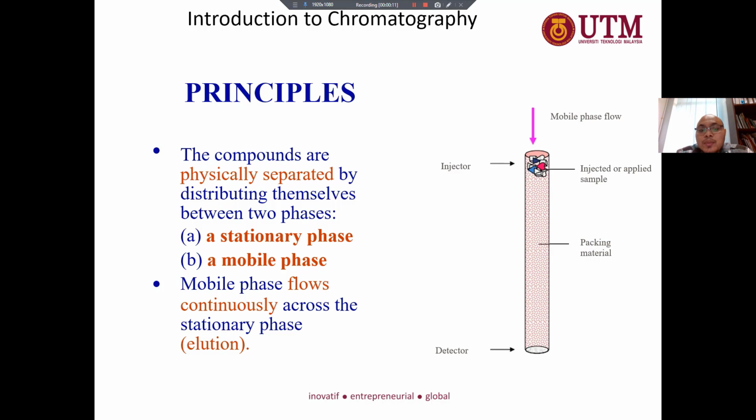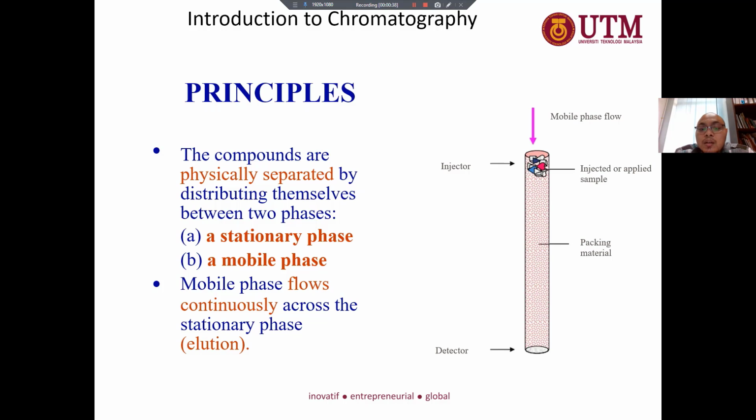How chromatography works. In chromatography, we have two phases contributing to separation of our mixture. The two important phases are a stationary phase and a mobile phase. Stationary phase means the phase that will not move during the process of separation.